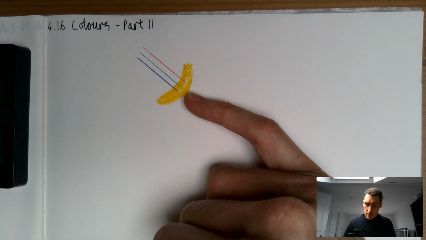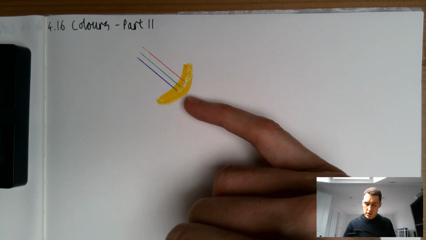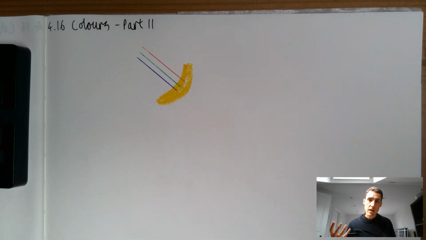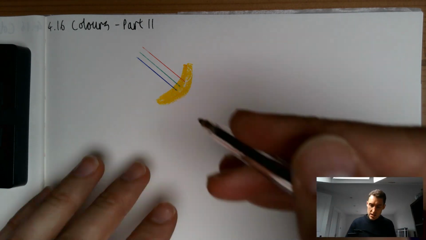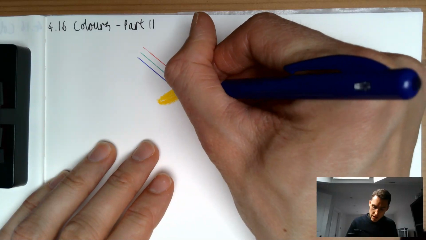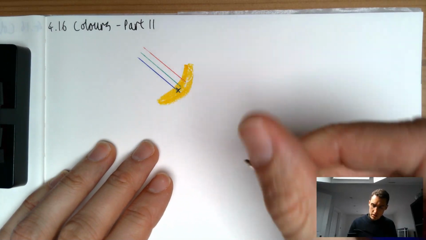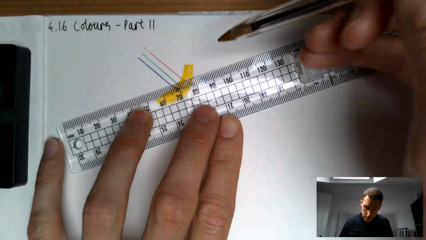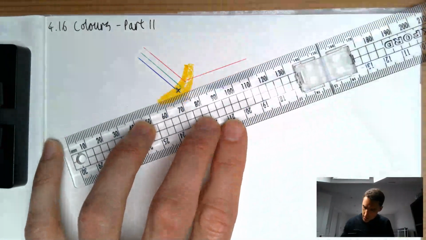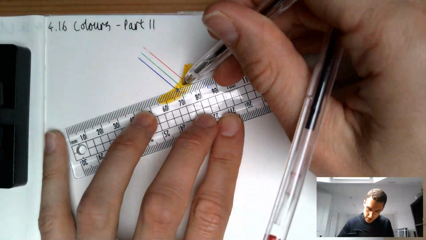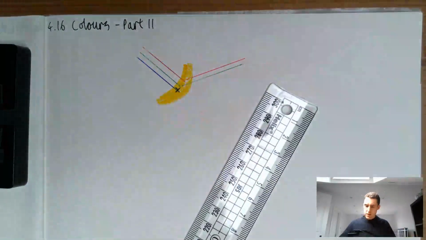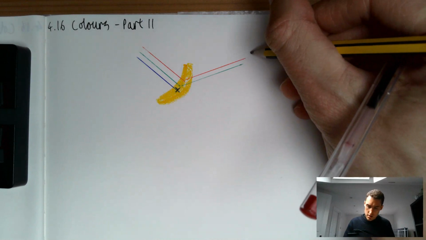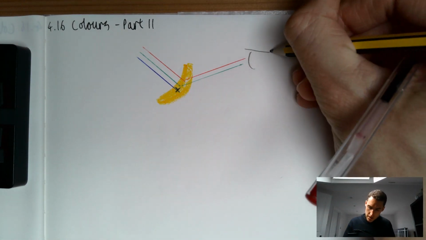But the point here is what's going to happen if a perfectly yellow object is actually reflecting red and green light. Well, all that means is the reason a banana appears yellow is because it absorbs all of the blue light and it reflects all of the red and the green light. So what arrives at our eye is red and green light, like this.